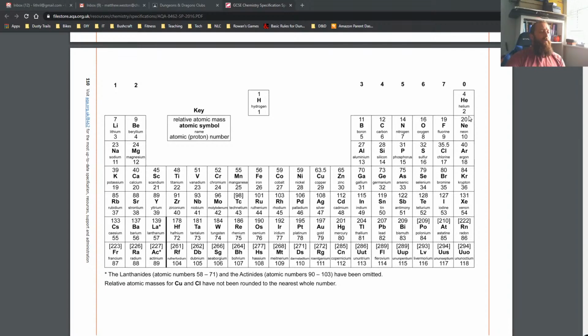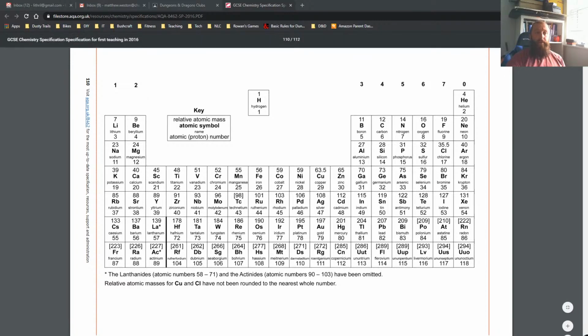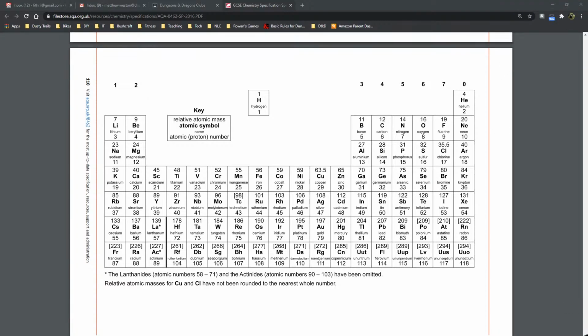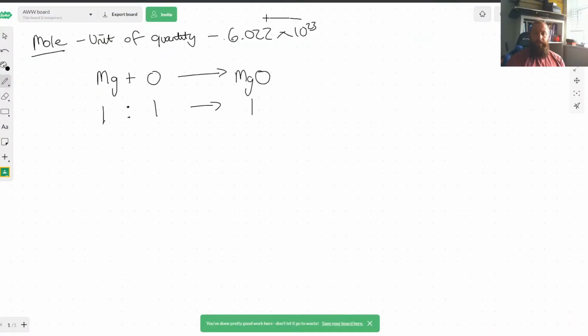Okay? So, for instance, if I take helium, if I had 4 grams of helium, I would have 1 mole of helium atoms. If I was to take calcium, if I had 40 grams of calcium, that means I would have 1 mole of calcium atoms, which would mean I would have this number of them.